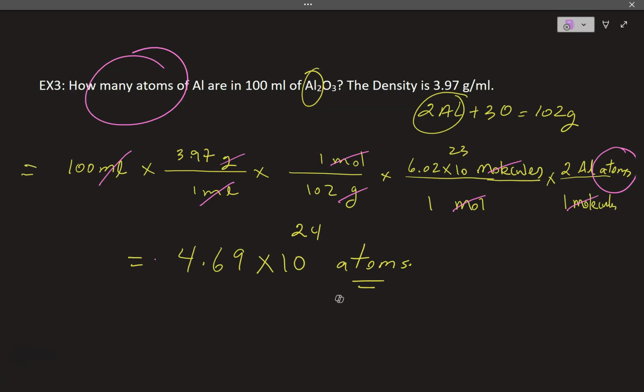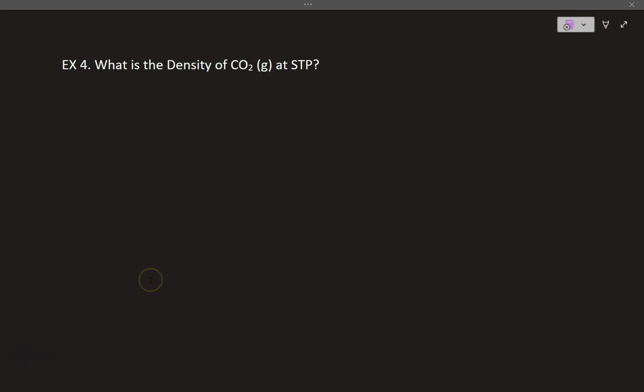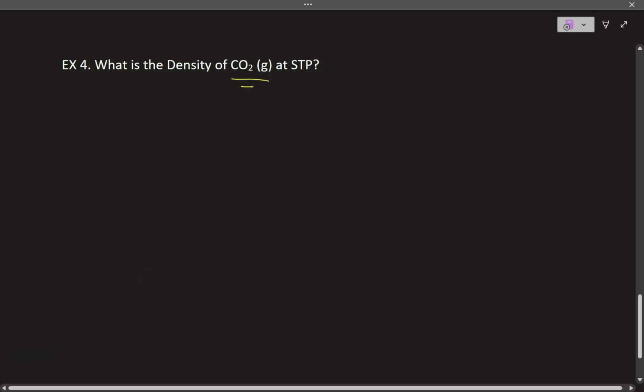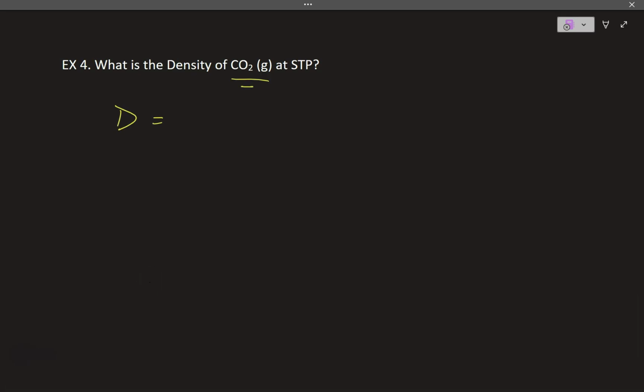Okay, let's look at another question. Well, this is a straightforward question. It's a gaseous compound, so the density is equal to mass, which is molar mass, over the volume, which is molar volume. And here we know that the molar mass of CO2 will be 44 grams.